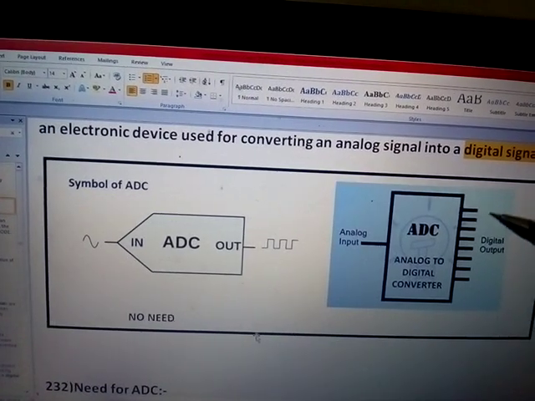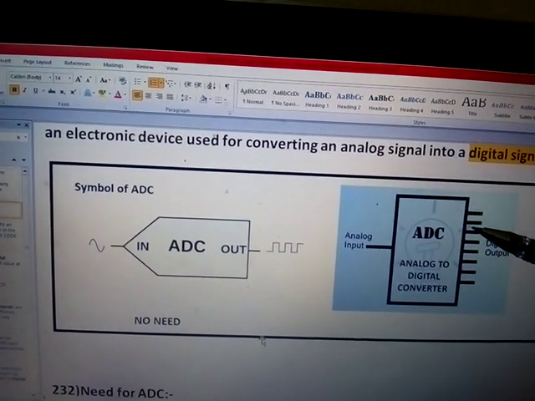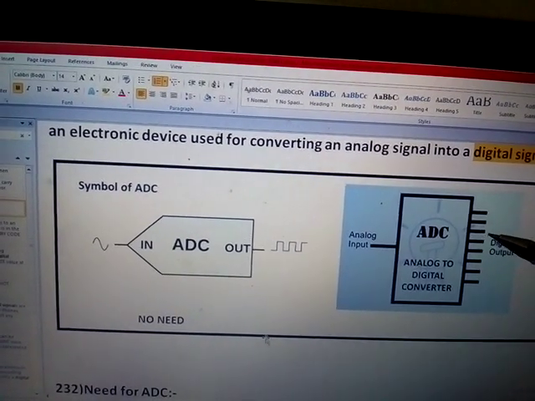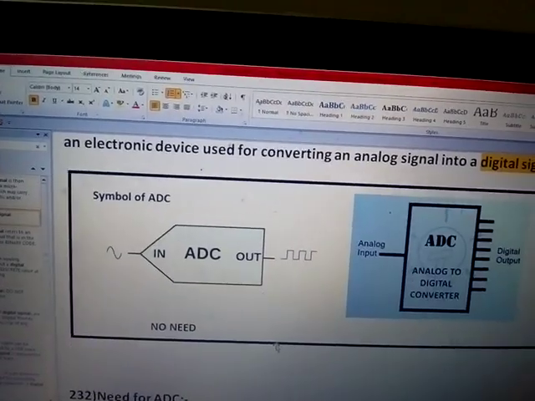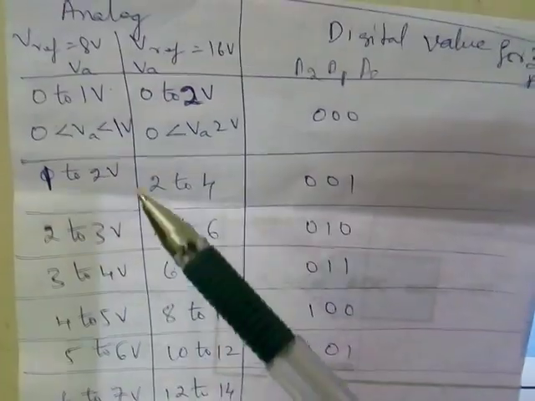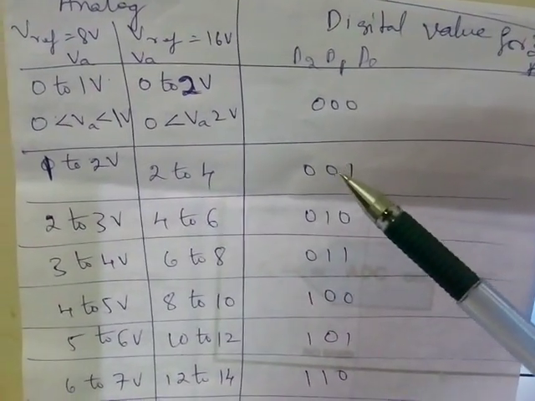If it is a 3-bit ADC, there will be only 3 lines, D0, D1 and D2, and it will be 0, 0, 0. Forget the other lines. If the voltage is 1 to 2 volt, the output will be 0, 0, 1.